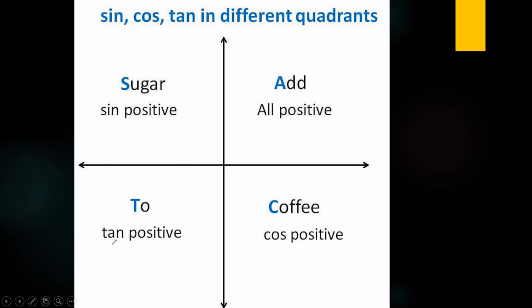Letter T means tan is positive. And coffee, letter C, means the cosine is positive. On the first quadrant, all the ratios are positive. On the second one, the sine only is positive. For the third one, the tan is positive. And for the last one, the cosine is positive.